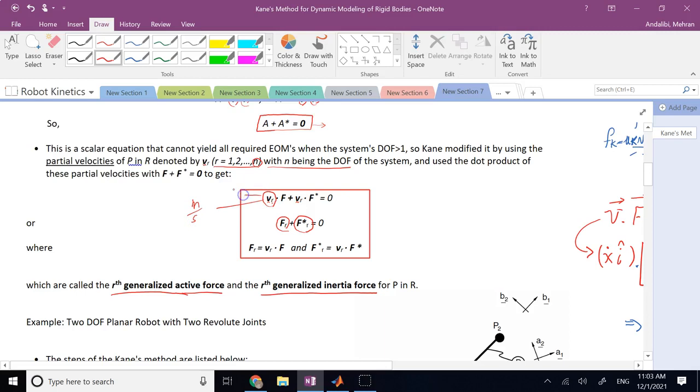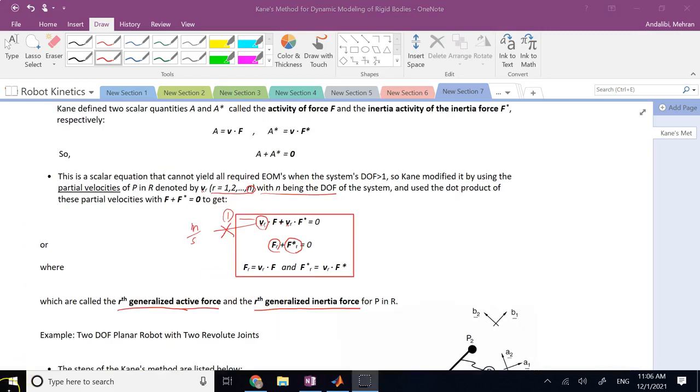It has the unit of like 1. So FR and FR star have the same unit as F, and they are really forces. That's why we call them generalized force or generalized inertia force. And we also call them the Rth generalized active force, because they are really for the Rth partial velocity. Okay, we have R of these FR or FR stars. Good.